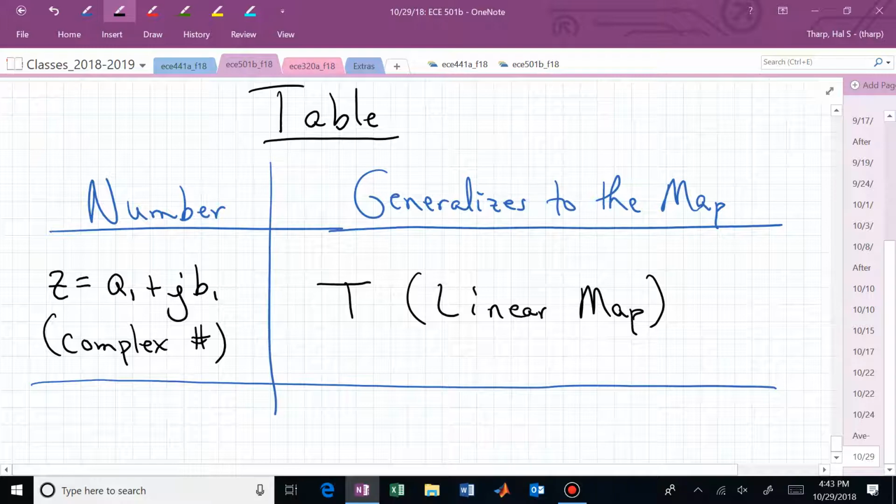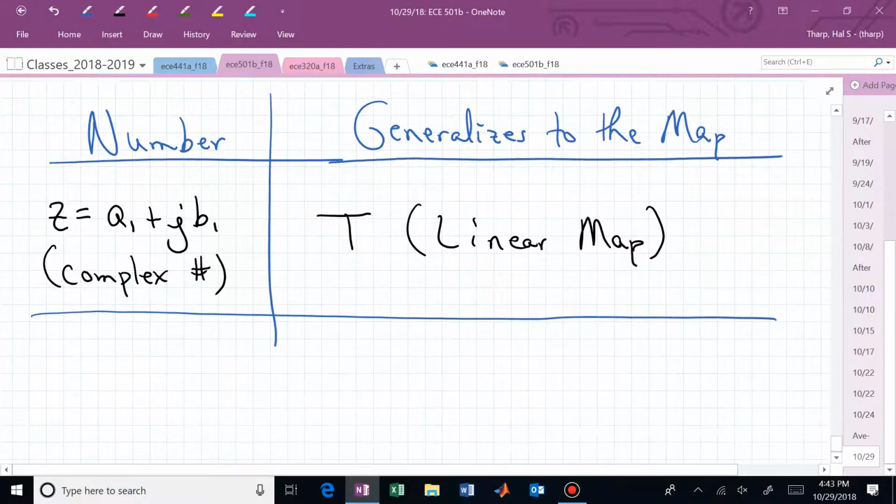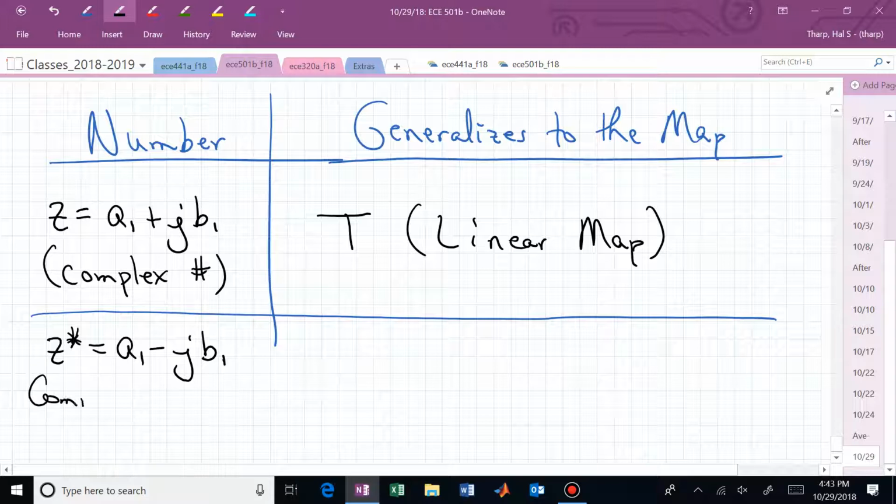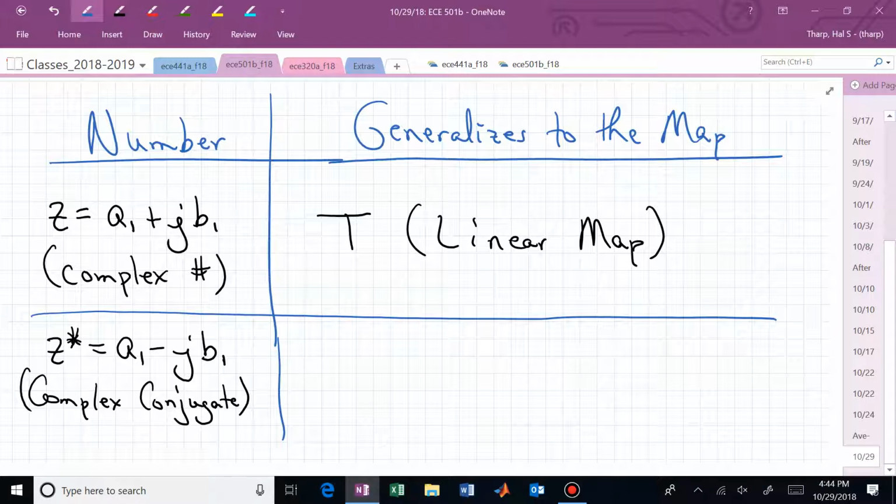You give me a complex number, then that's like giving me a linear map. What if I now say, well, what about the complex conjugate of Z? What can I associate or generalize that to look like?